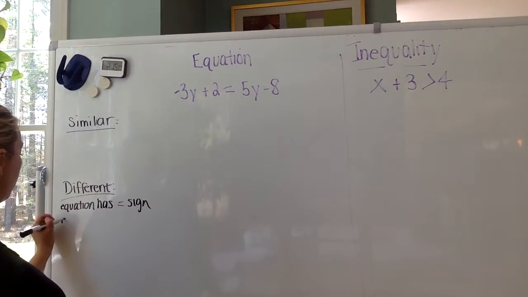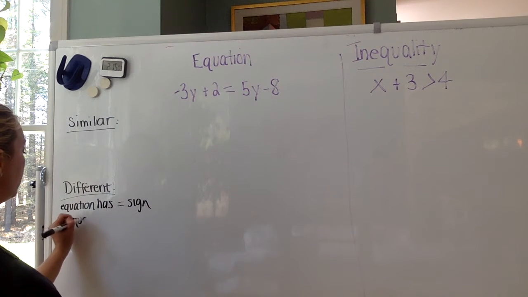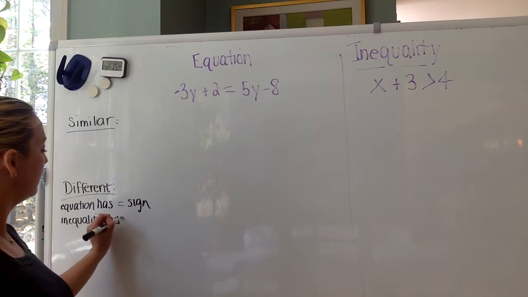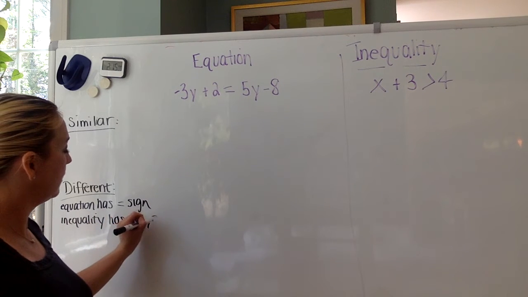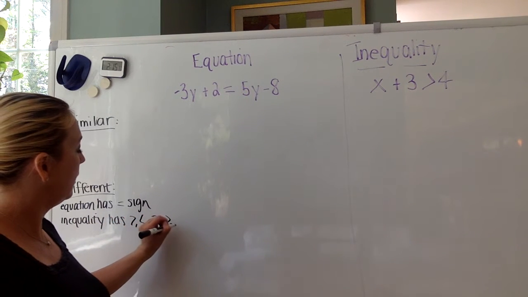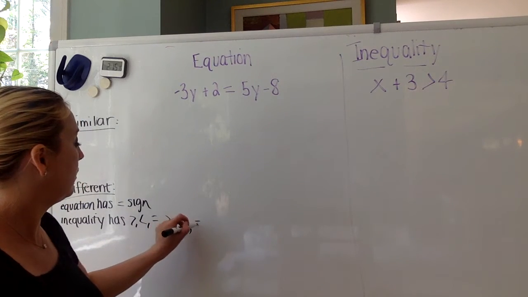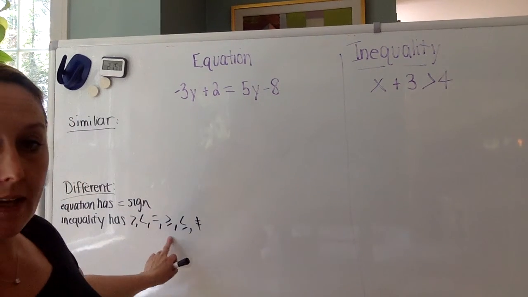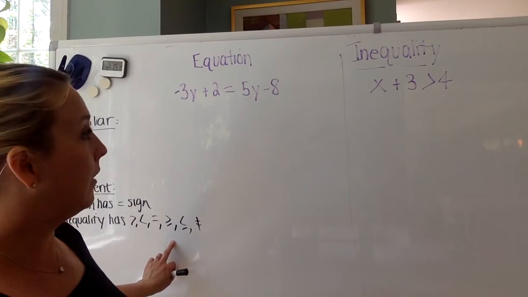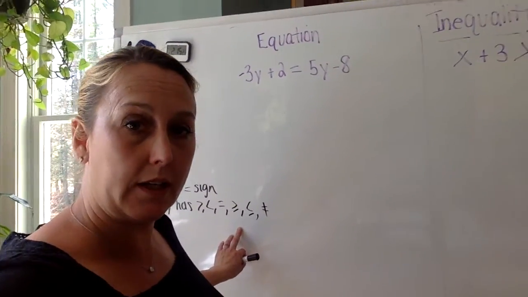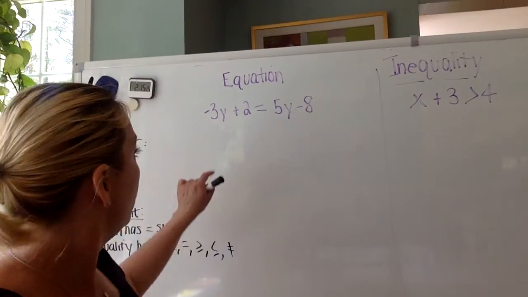I'm trying to write quickly, I'm really trying to keep my videos succinct for you guys. An inequality has the greater than, less than, greater than or equal to, less than or equal to, or not equal to. I'm going to call them alligators just for your familiarity, but they're an inequality, whereas an equation has an equal sign.